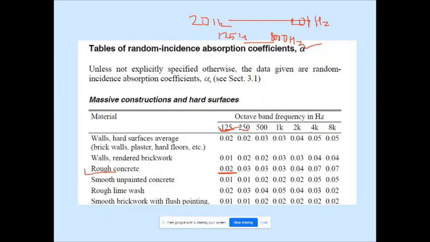But in case of 4000 Hz, for higher frequency, we have 0.07, that means 7% is getting absorbed and 93% is getting reflected back. That means we will have different sound absorption coefficients. Properties of sound absorption will be different for different frequencies, right? So we need to take care of these frequencies also.